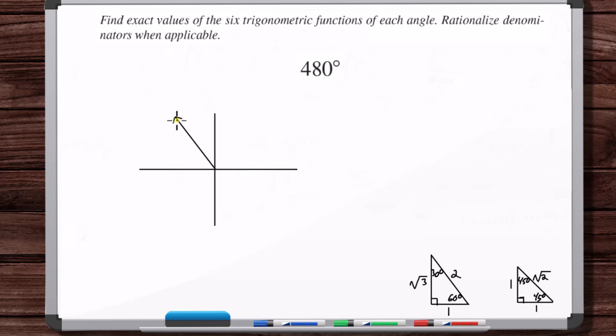This is the angle, but the angle that this terminal line makes with the horizontal is 60 degrees.